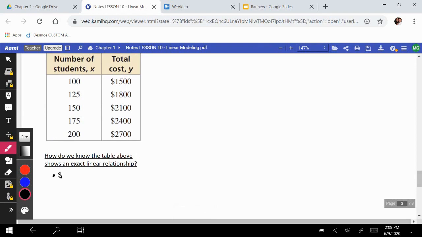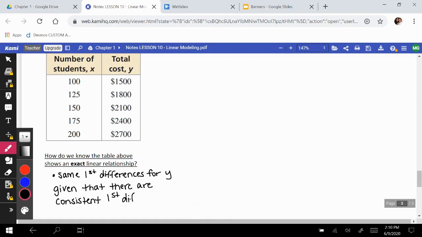So we want to have the same first differences for y, given that there are consistent first differences for the x values. Okay, so let's check x values first just to make sure there's consistent first differences.